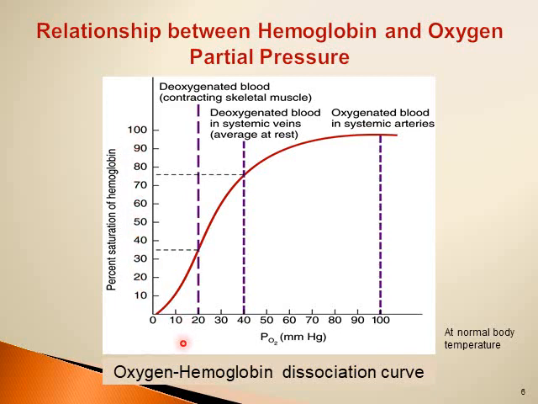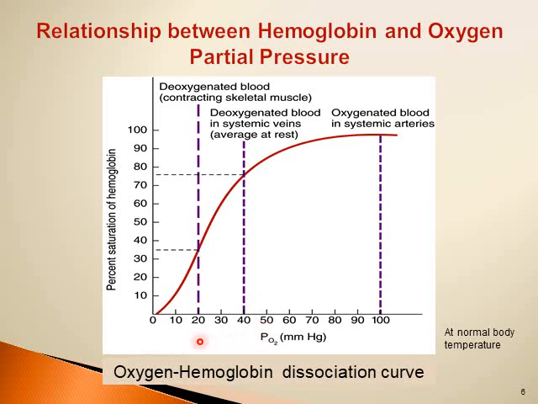And as we go to the right on the x-axis, it means we have higher partial pressure of oxygen in the blood. So the highest partial pressure of oxygen in the blood is present in the oxygenated blood, which is 100 millimeter mercury. The lowest is present in the veins that carry blood back to the heart, which is the deoxygenated blood in the systemic veins.